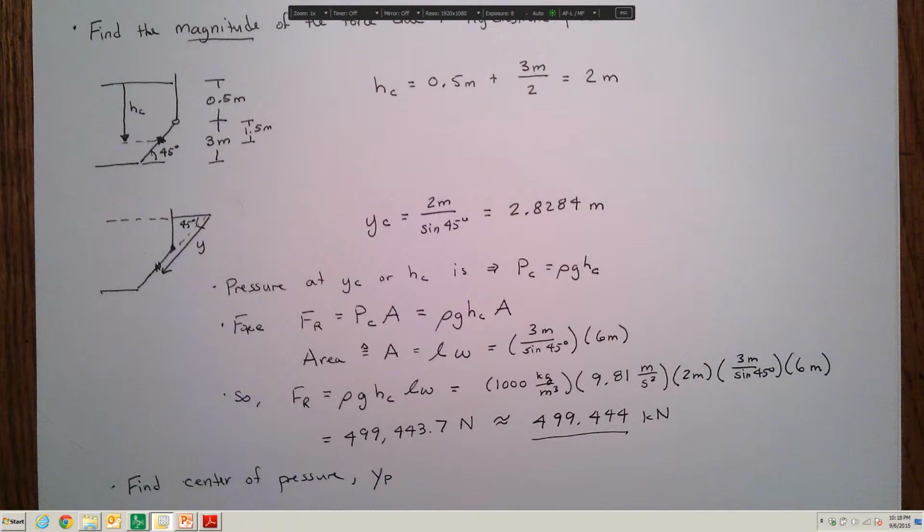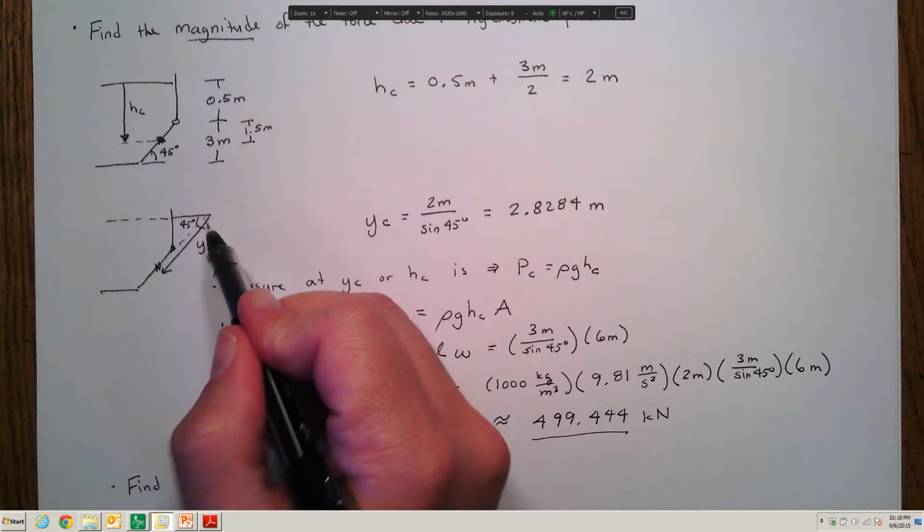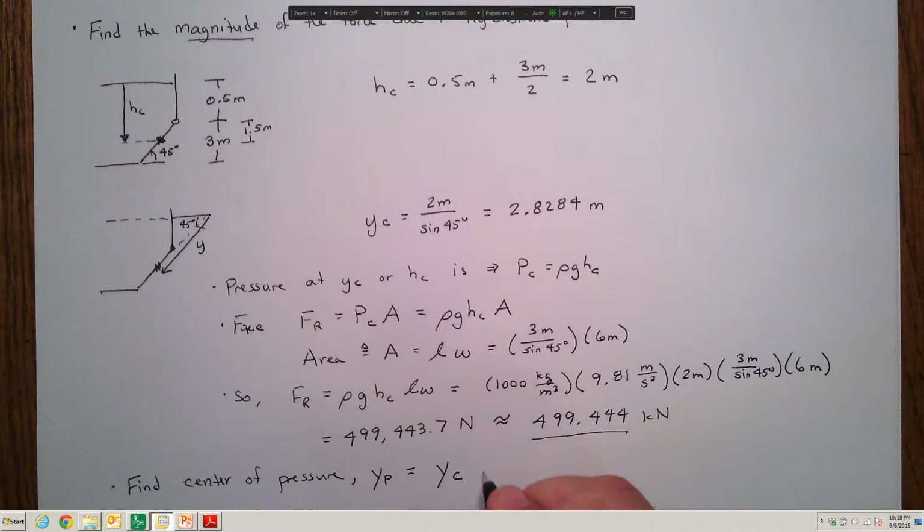We also know that y sub p, the location of the center of pressure, is related to the location of the centroid by the following relationship: the y location of the centroid along this tilted axis in the plane, plus the second area moment of inertia about the centroid, divided by y sub c multiplied by the area over which it acts.